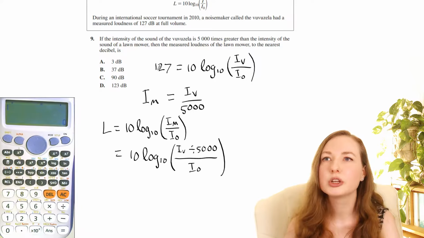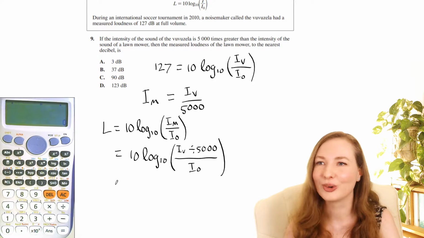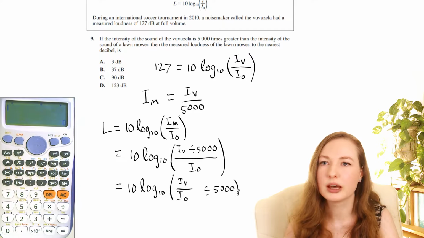Now we want to be able to use this fact. So let's think about how we can separate this 5,000 out of here. One thing we could do is, this is equivalent to IV over I0 divided by 5,000. So think of it like that.